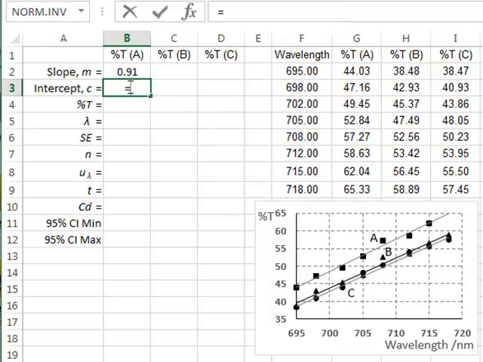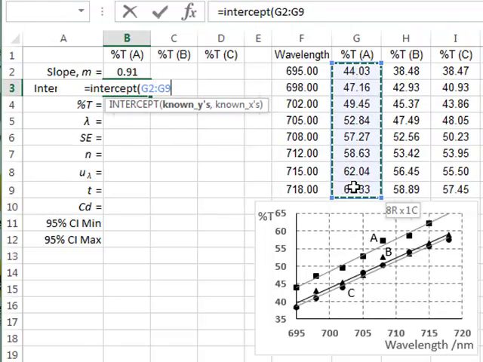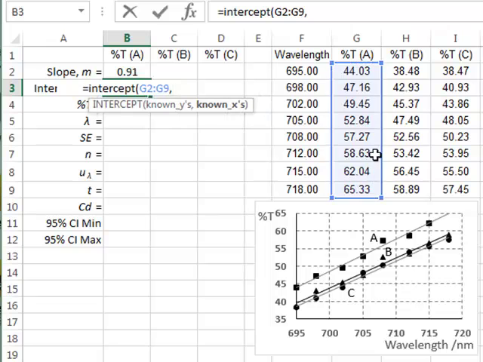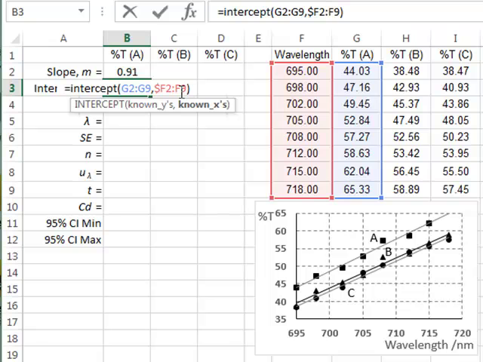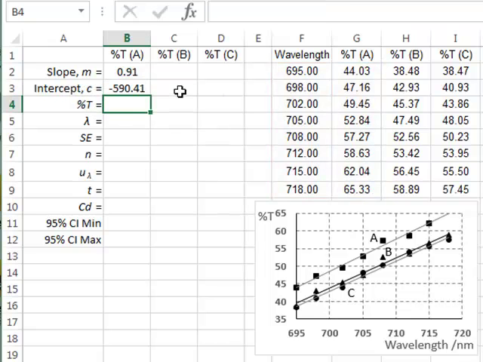Similarly, we will use the intercept function, again for the known Y's and the known X's, and also with dollar signs. So we now have the slope and intercept of the best fit straight line for the data for ink A, and we wish to calculate the wavelength at which it crosses the 50% transmission line.